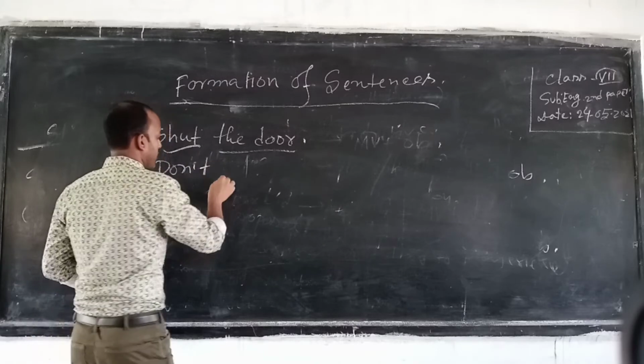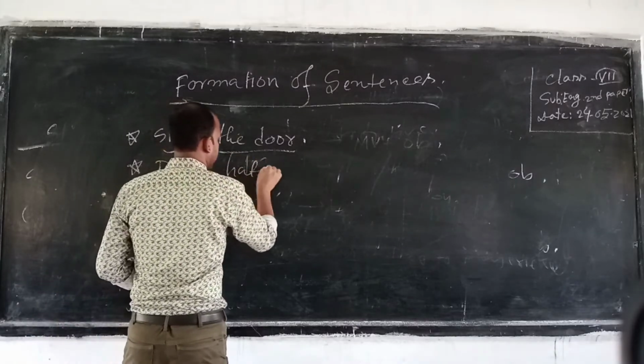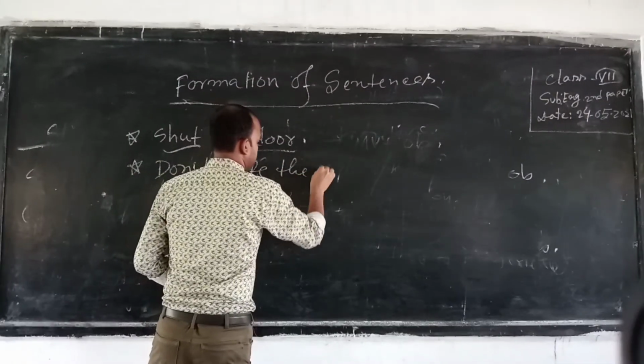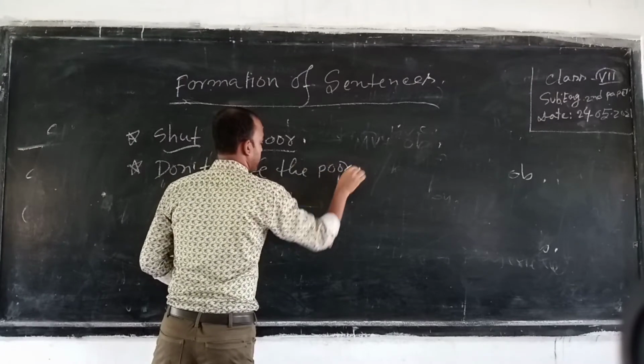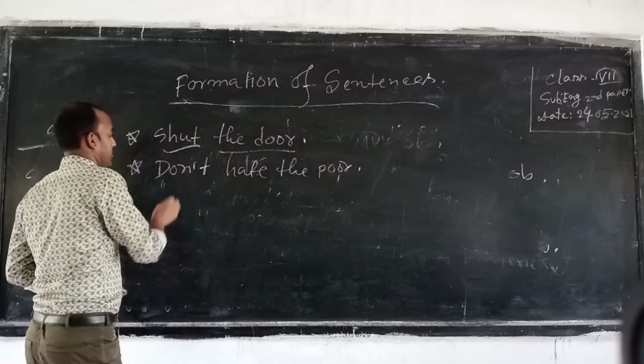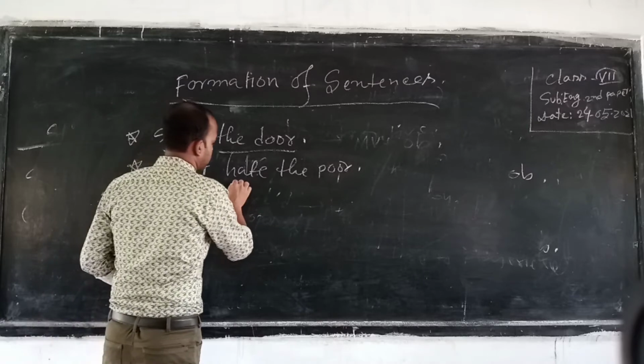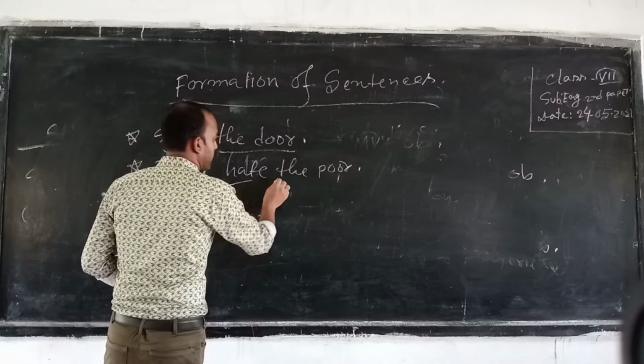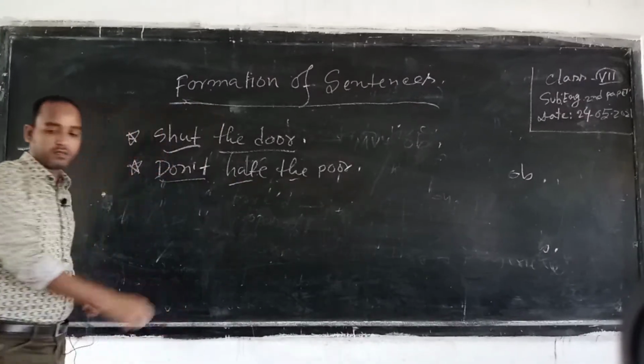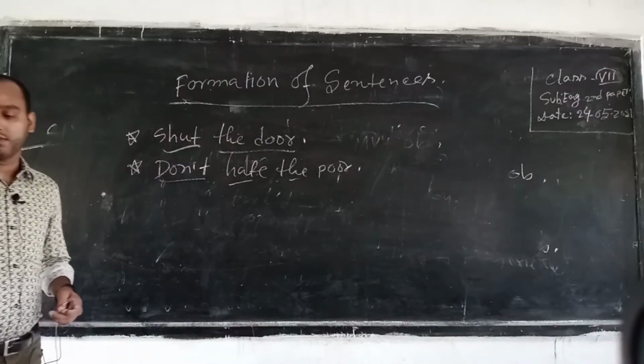Don't hate the poor: don't plus main verb, then object. Then request.